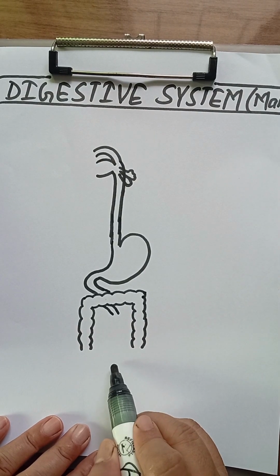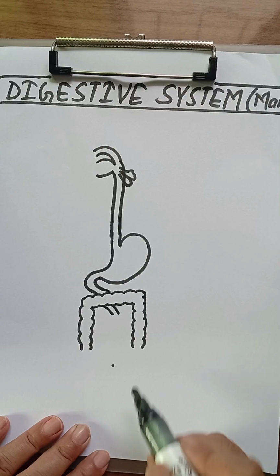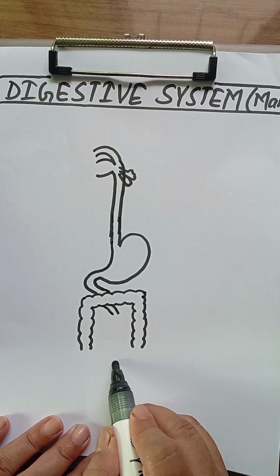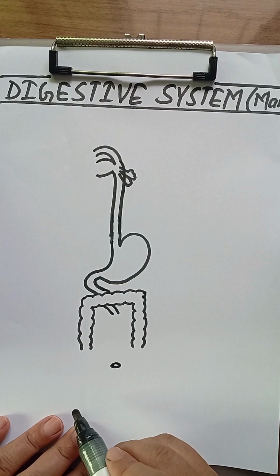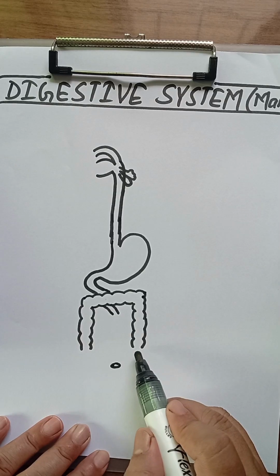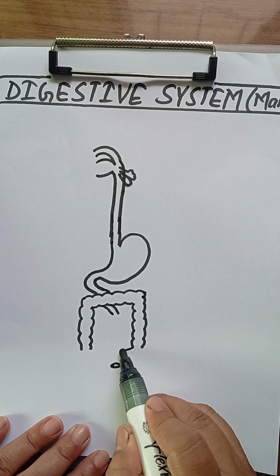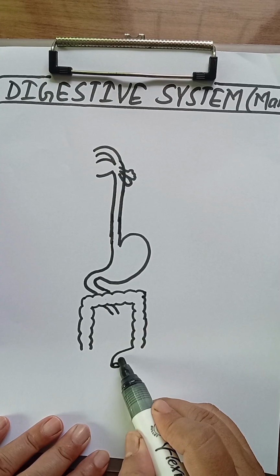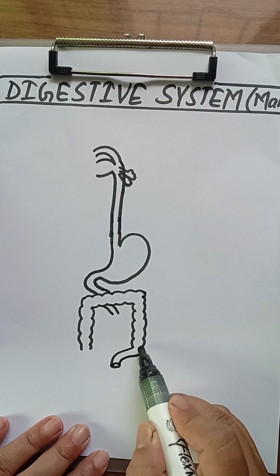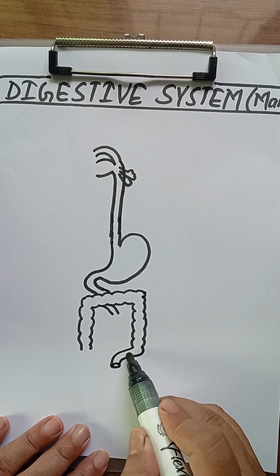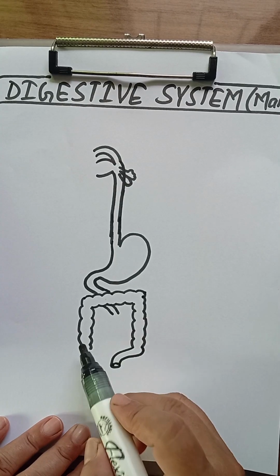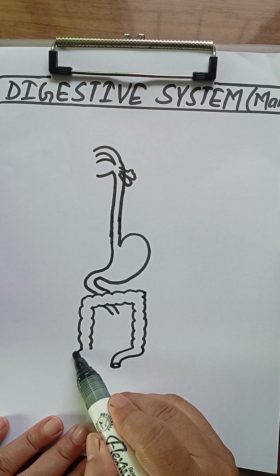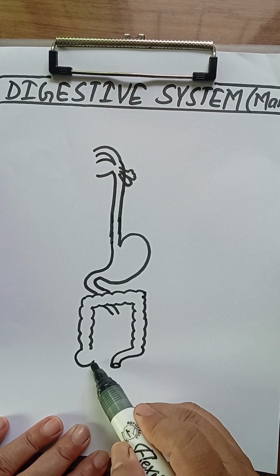Then you just have to mark a center point like this, then make an opening of the anus like this, and you are terminating the large intestinal part at this opening. This is the anus, this one is the rectum. Then you are making a large sac-like structure like this.